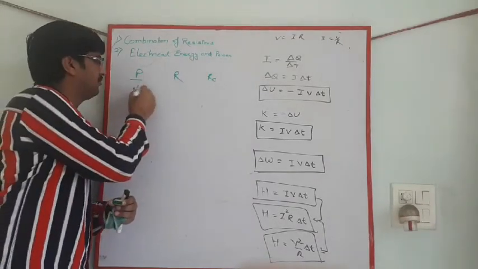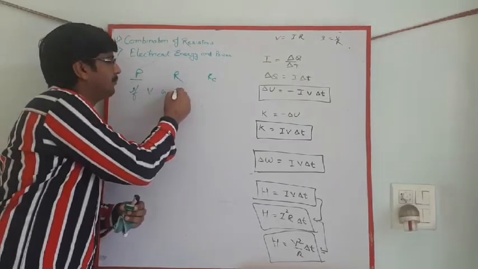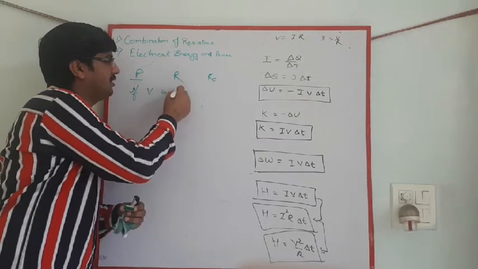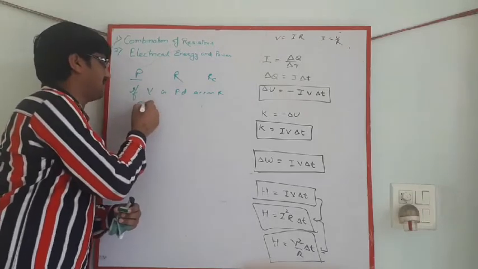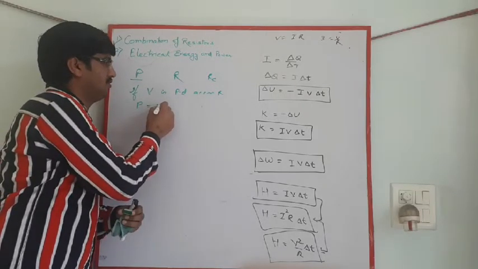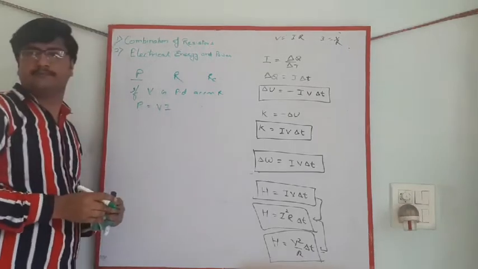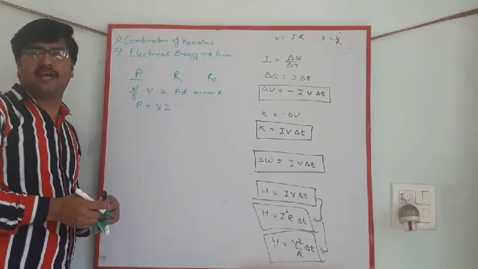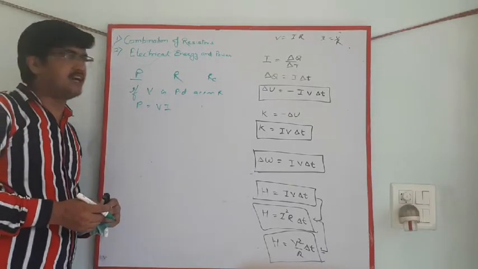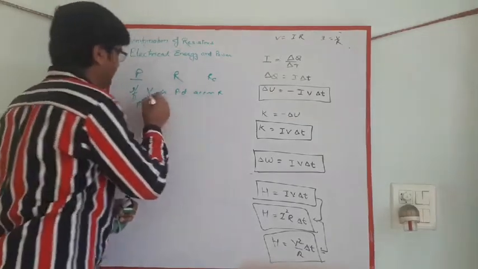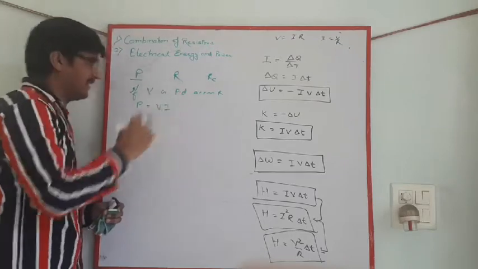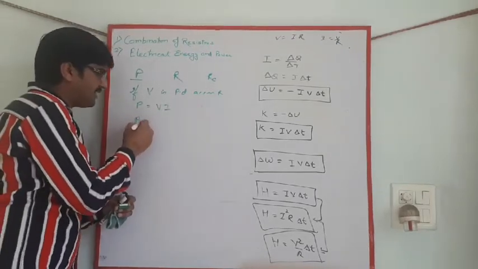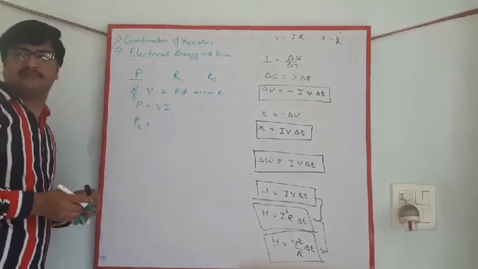If V is the potential difference across R, then P is equal to VI, where I is the current through the circuit. P is the power delivered across R, and I is the current in the circuit. How much will the power loss PC be?